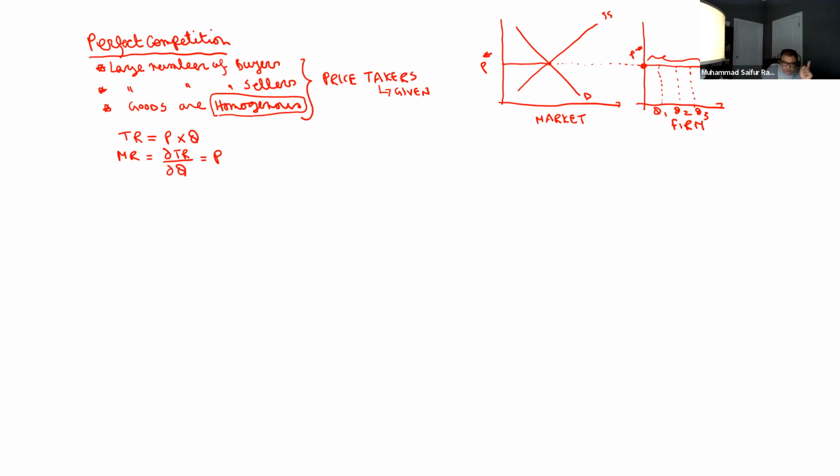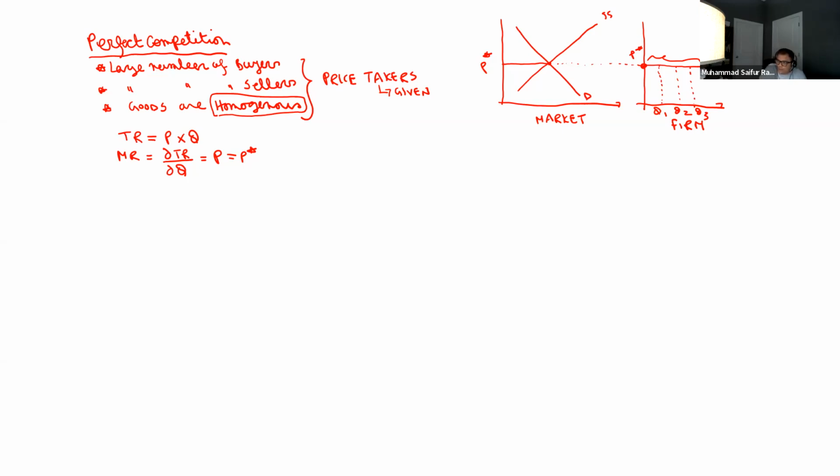Now, this is important because if our price is fixed, P star, according to the market equilibrium P star, you can see that the marginal revenue will always be equal to the market equilibrium price. This is a highly unusual situation because in perfect competition, prices don't change, hence marginal revenue doesn't change.